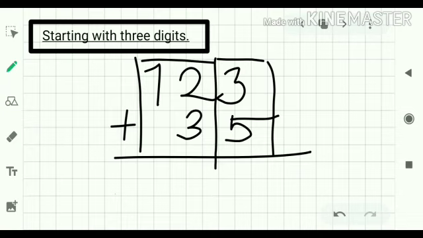Now as you can see, these become two different sums. While adding, we will add only 12 and 3, and for 5 and 3 we'll add only 5 and 3, because we'll consider them as a separate part of addition. Now as you can see, 12 plus 3 is 15 and 5 plus 3 is 8.